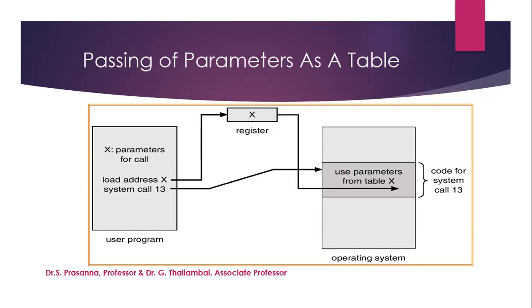Once you load the address register, system call 13 automatically uses the parameters from table X. So this is the code for system call 13: use parameters from table X.